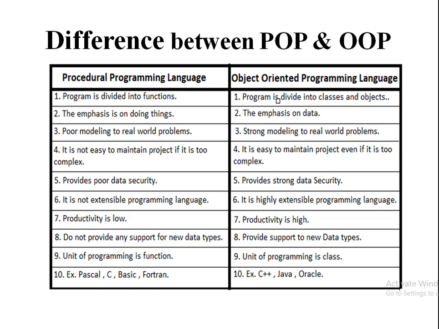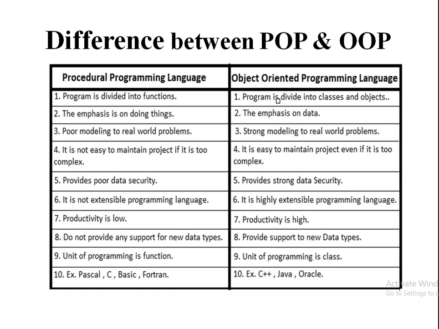Next one, procedure oriented programming is not an extensible programming language, but object oriented programming is a highly extensible programming language. In procedure oriented programming, productivity is very low, but in object oriented programming, productivity is very high. Procedure oriented programming does not support new data types, but object oriented programming supports new data types.